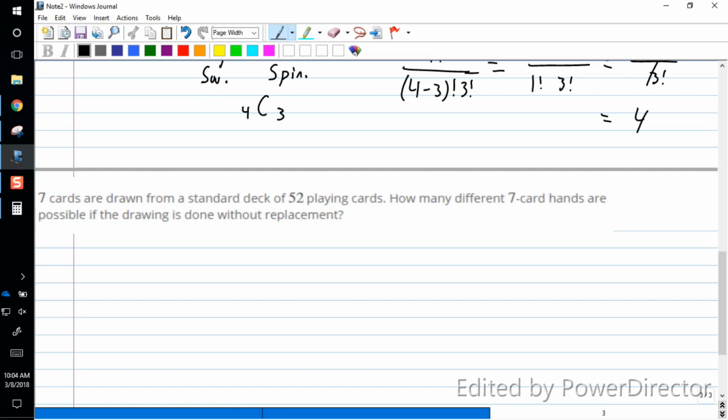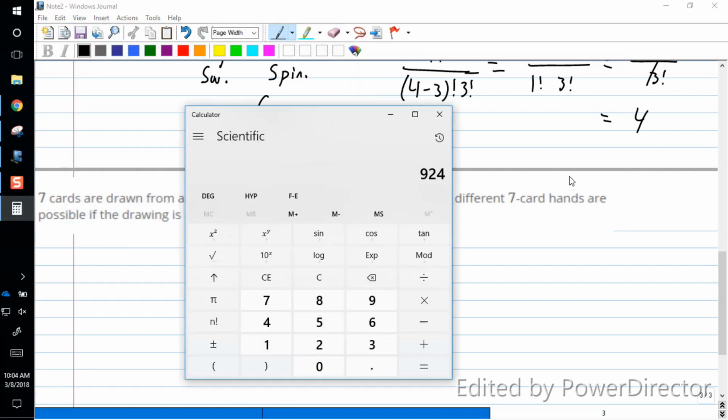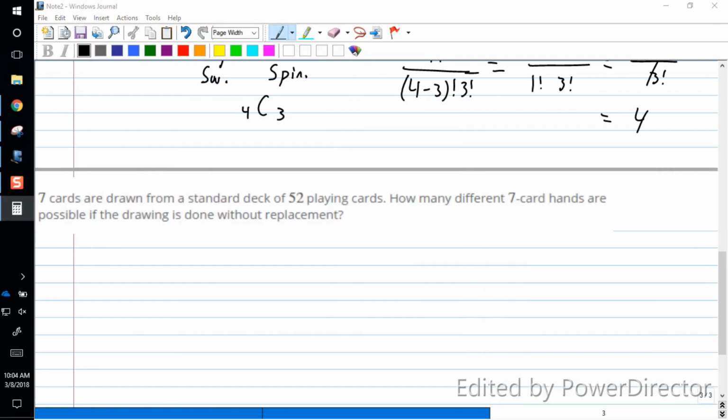So if the drawing is done without replacement, what does that mean? That you can't have a duplicate card, right? So there are 7 cards drawn from a standard deck. How many different 7-card hands are possible?